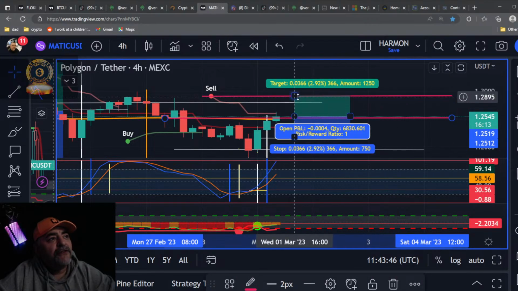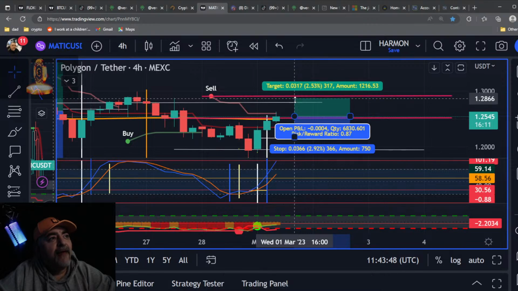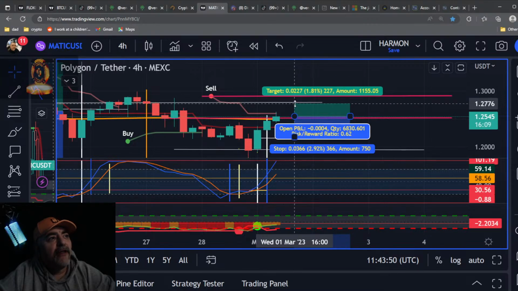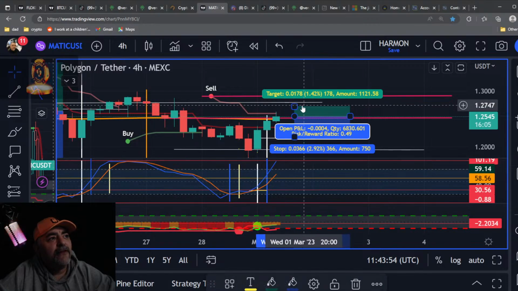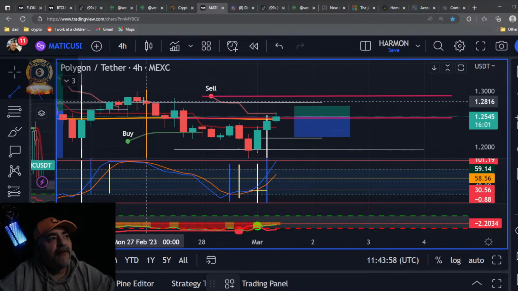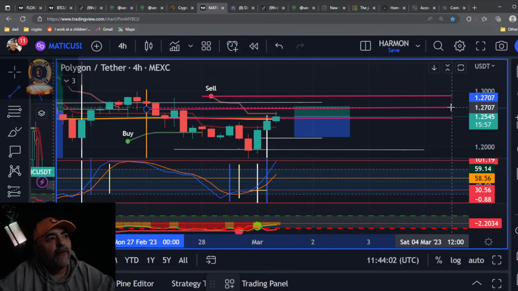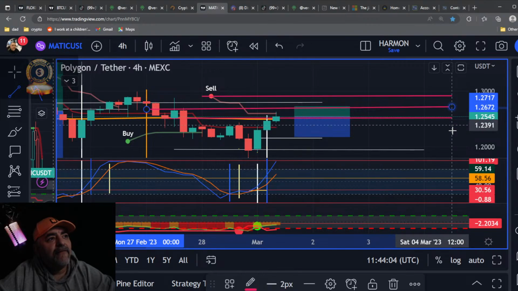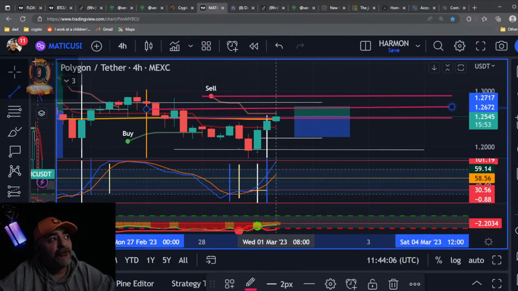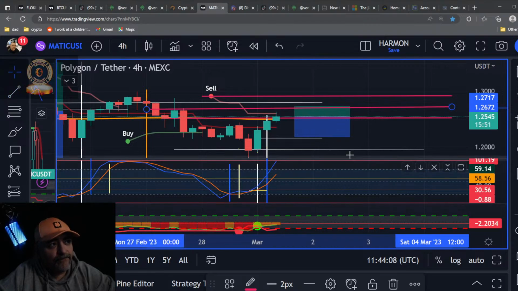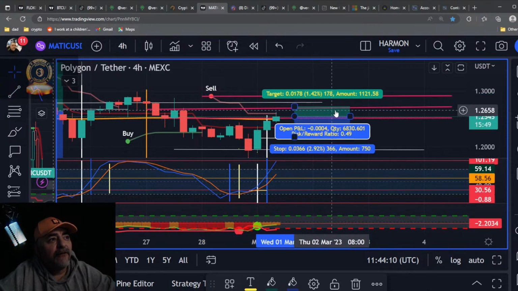So which means we should be looking for half that move, because it's kind of a weak market here. So I would say that in this section here, we would be looking for something in the middle of this move, right? So I'm gonna put a third line here just so that we have some type of idea of what we're dealing with on 3 levels of Matic before it becomes a short, right? So those are our levels right there.